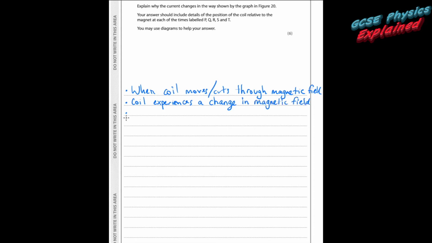And that induces a voltage or a current in the coil. So that's the basics. Now the size of the voltage or current depends on the rate of change of the magnetic field.